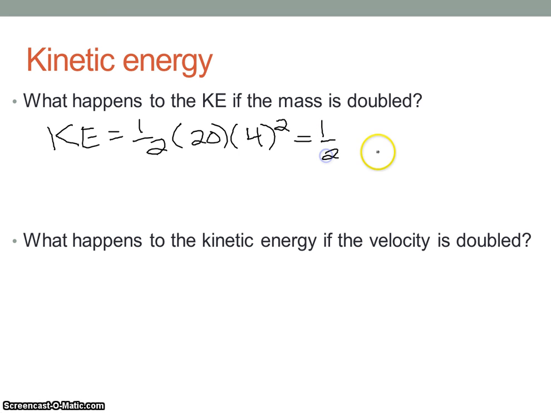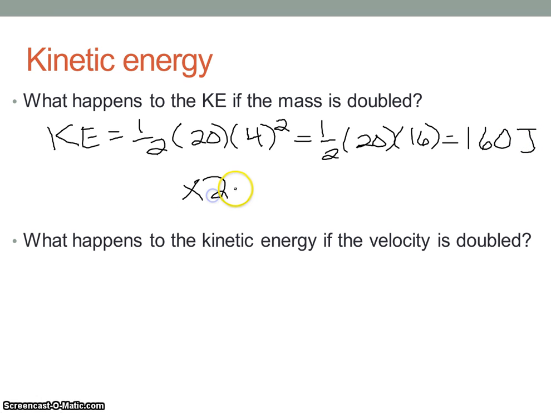So we have 16 times 20 is 320, and half of 320 is 160 joules. So it looks like if you multiply the mass by a factor of 2, you end up doubling the kinetic energy. So it's kind of a 1-to-1 ratio. If you increase the mass, you increase the kinetic energy by the same amount.